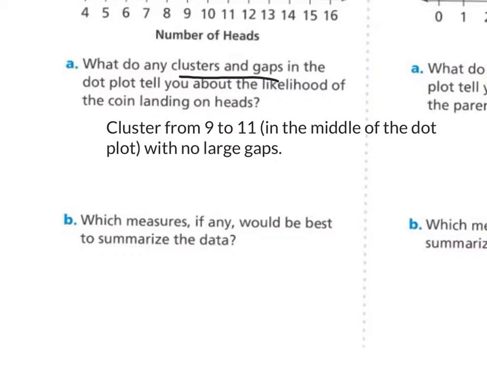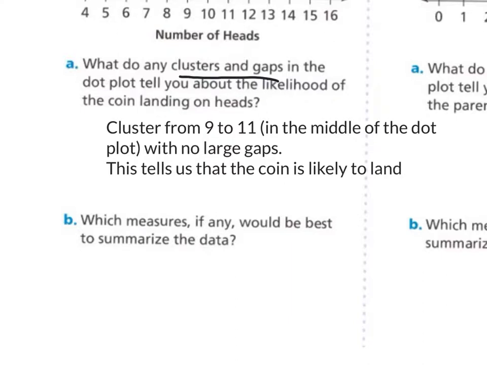And then since we have a cluster there, and we only have one cluster, we could say this tells us that the coin is likely to land on heads around 9 to 11 times out of 20.